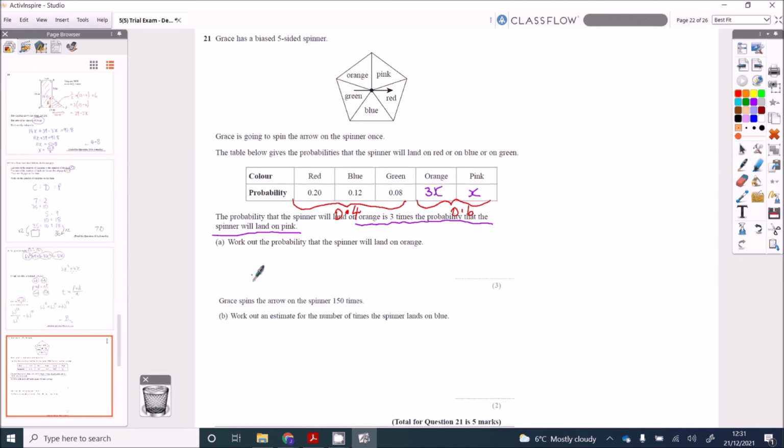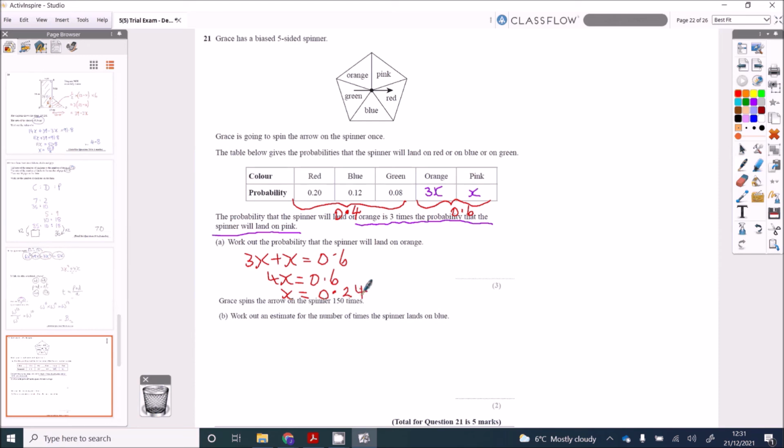So 3x plus x has to equal 0.6. So 4x equals 0.6. How do we undo a timesing by 4? We divide by 4. So divide both sides by 4. We get x being 0.24.